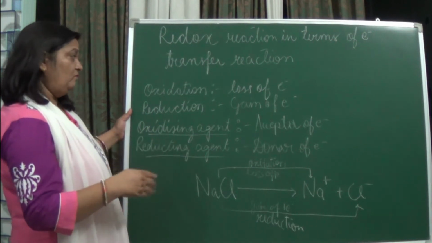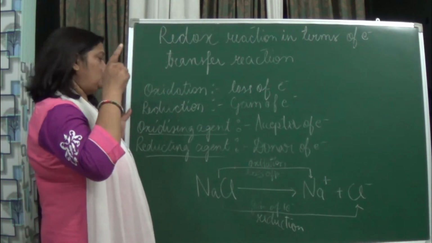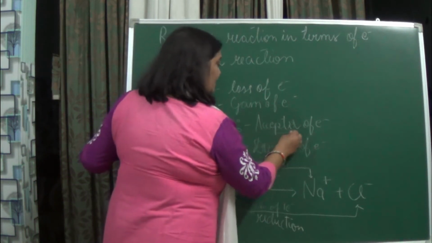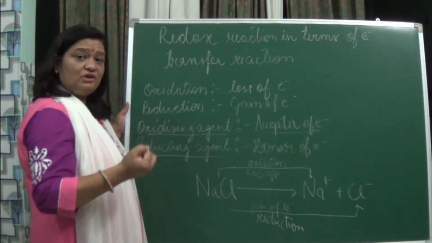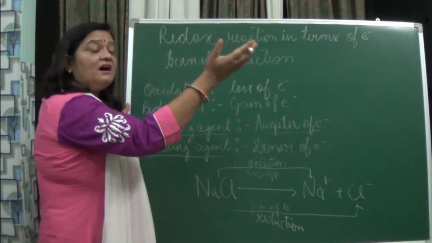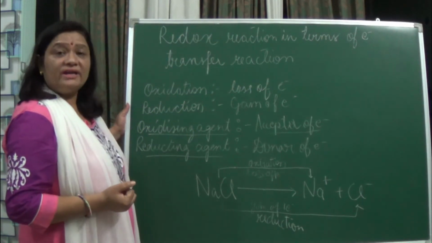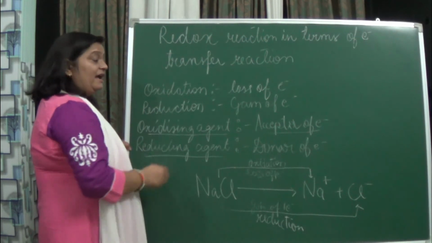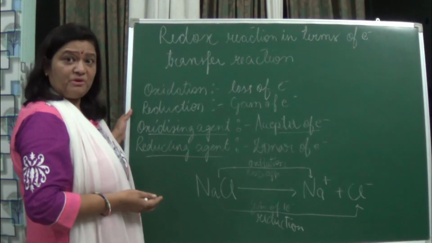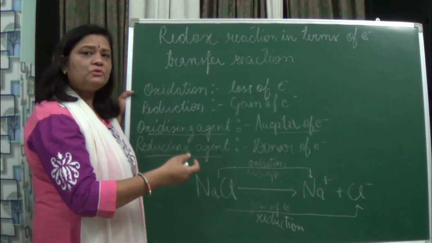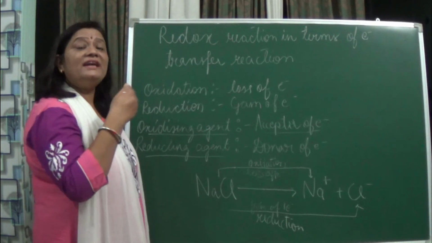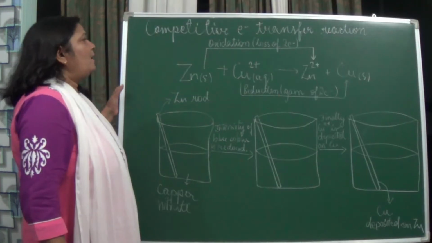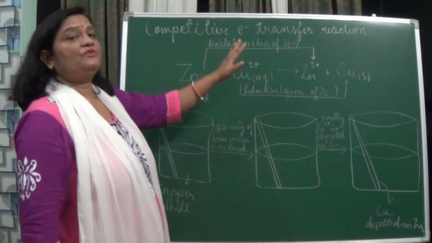In terms of electrons, the oxidizing agent is the acceptor of electrons, because it is itself getting reduced and oxidizing the other substance. The reducing agent is the donor of electrons, giving electrons to the substance it reacts with, thereby reducing it and itself getting oxidized.